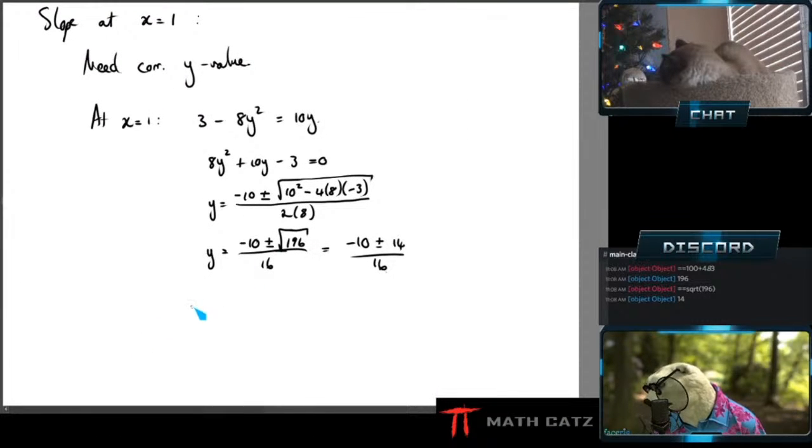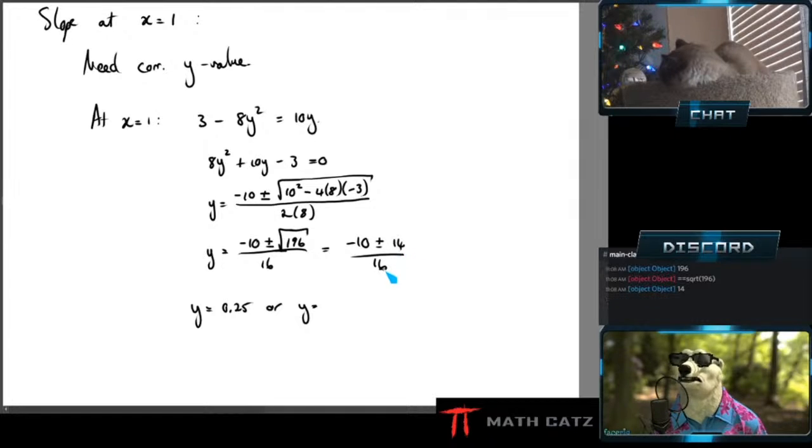So y is going to be negative 10 plus 14. That's 4 over 16. That's 0.25. Or y is going to be negative 10 minus 14. That's negative 24 over 16.